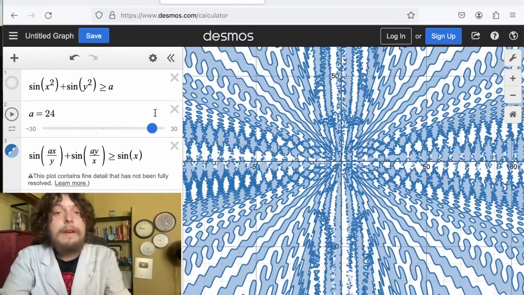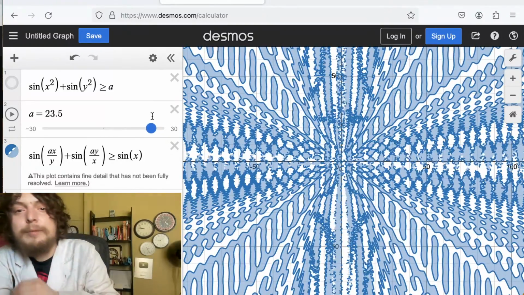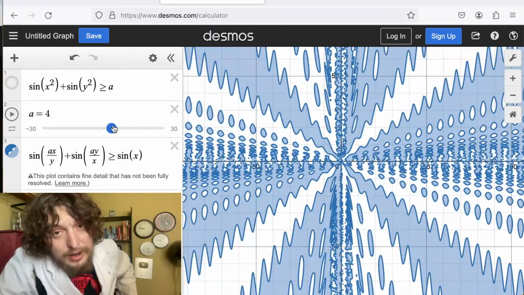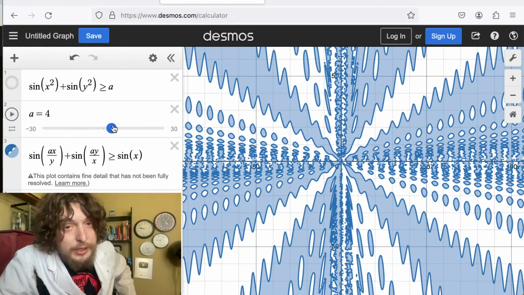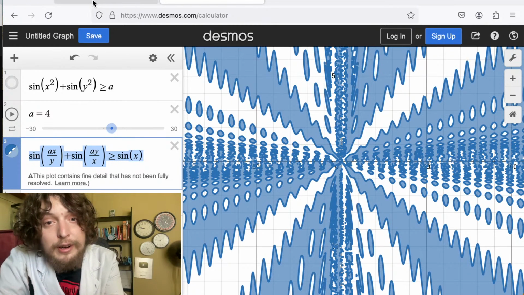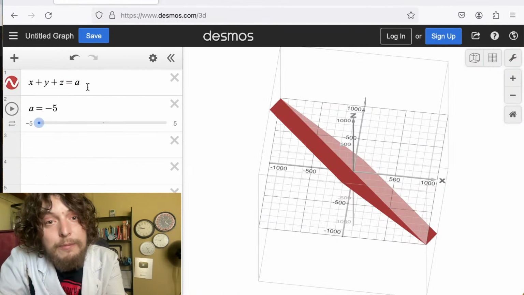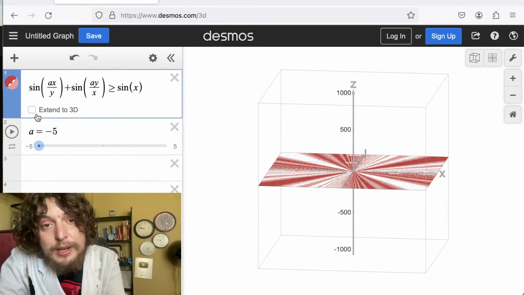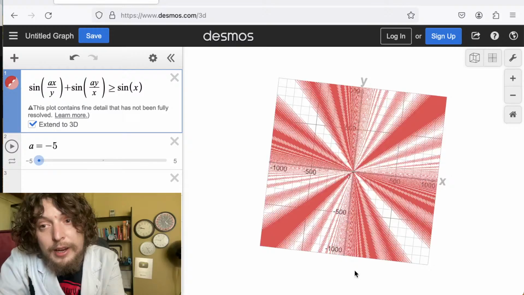So, this is the example of things we have tried in 2D, but I want to try some similar things in 3D. And in fact, let's see if it lets me just copy this equation in there, and hopefully let me treat the a the same. Extend to 3D. Okay.